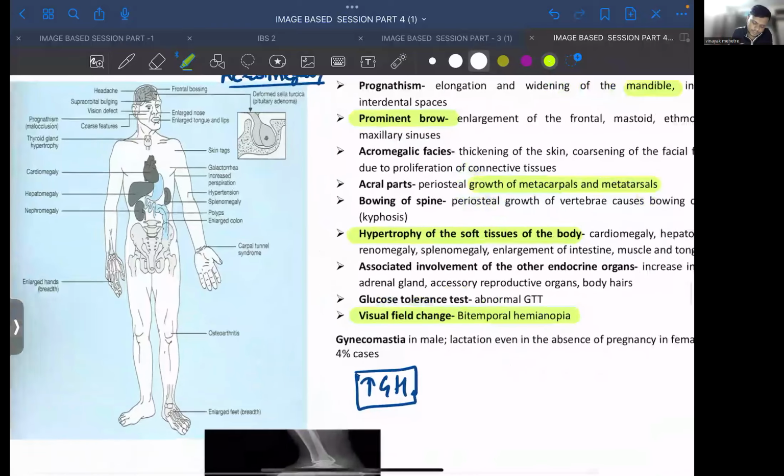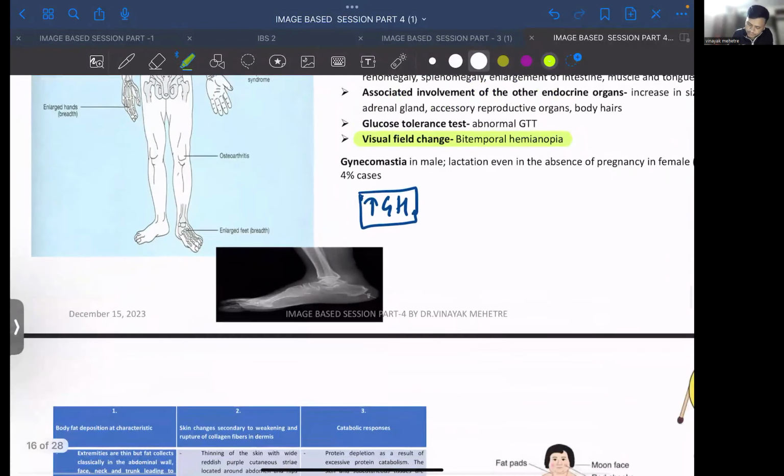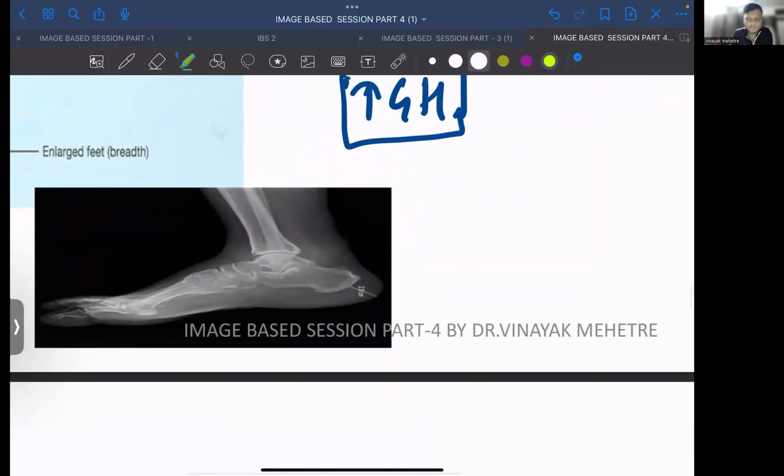Take a look over here in the image. Everything will be increased, right? Cardiomegaly, hepatomegaly, renomegaly. The size of the patient will be giant. Okay, giant दिखेगा इसके अंदर. And if we do the X-ray, what is going to happen?